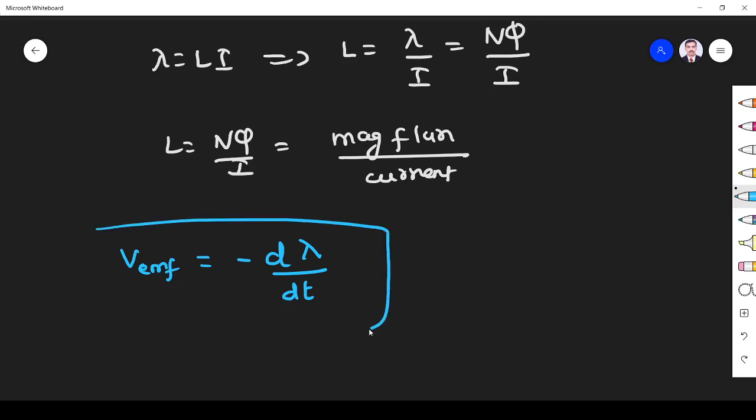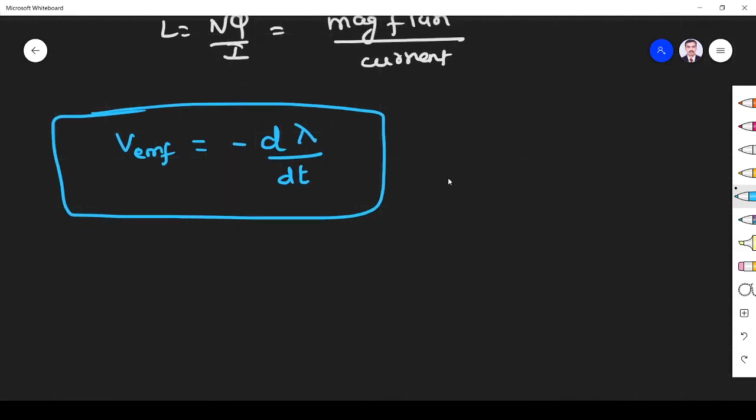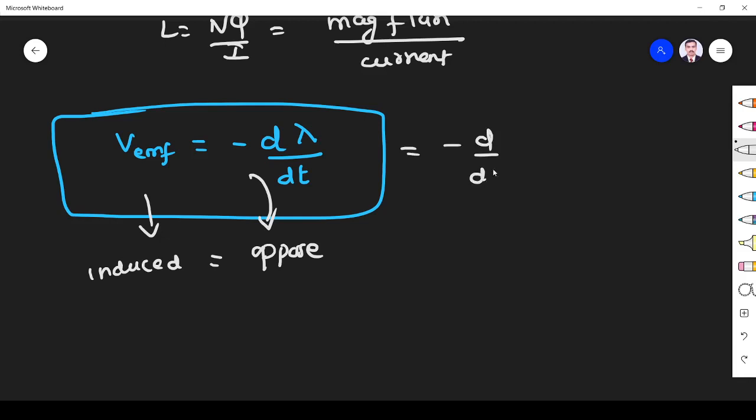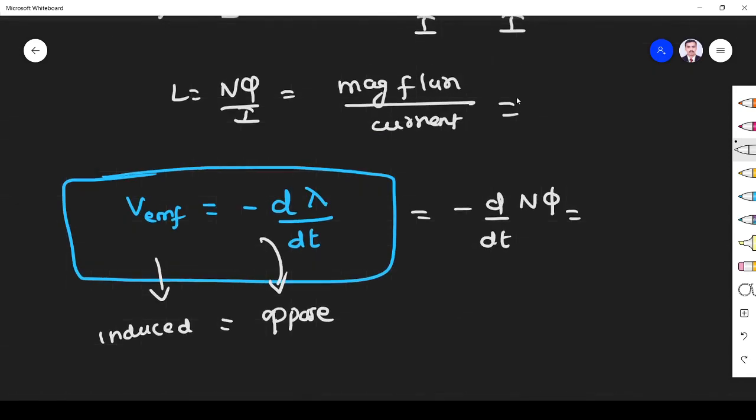The minus sign indicates opposition: the induced EMF opposes the cause, that is, the change in current. We know that lambda is n phi, and from this equation, n phi is equal to L i.